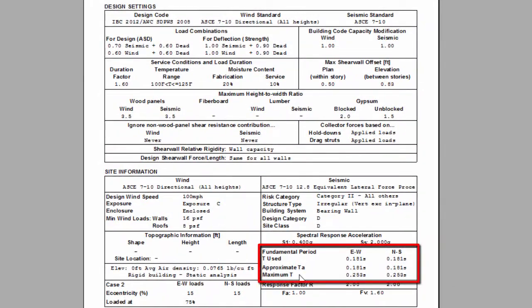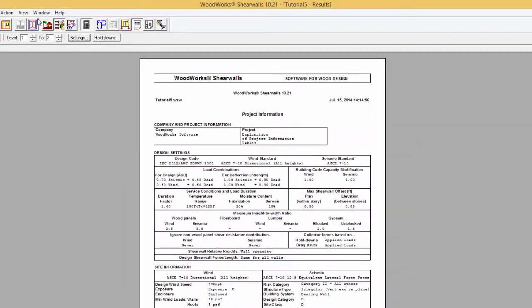The fundamental period used will differ in the output results if in the site information the use calculated approximate period option is deactivated, thus allowing custom values to be entered.